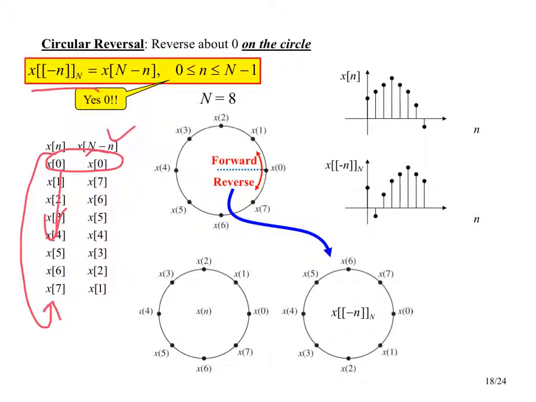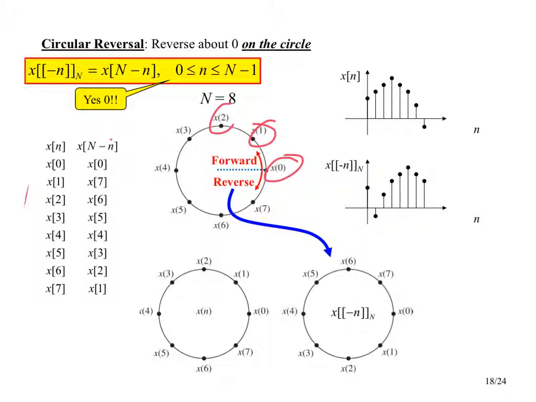If we take our signal samples and put them around a circle, and this is kind of why we call this circular reversal. So if we put them around the circle with forward being counterclockwise, we've got 0, 1, 2, 3, 4, 5, 6, 7. Then we can think about going in reverse.